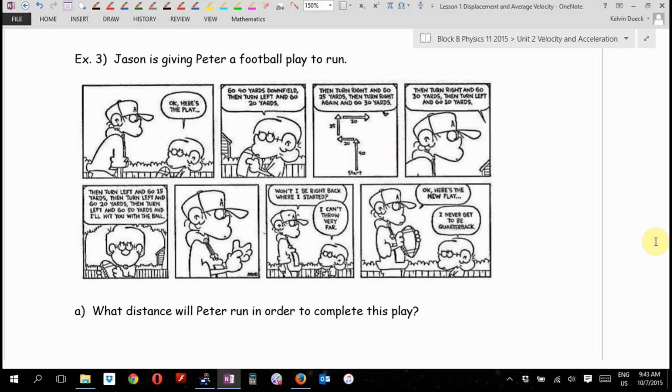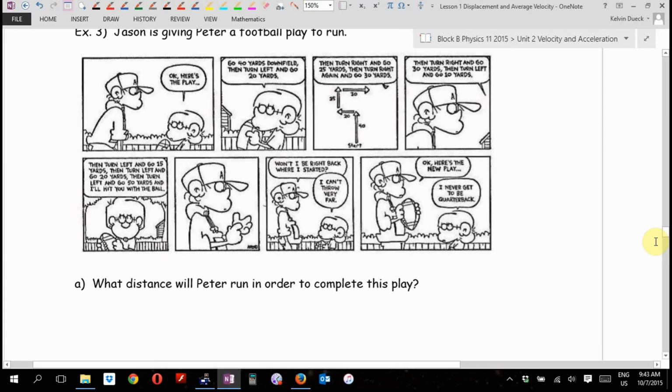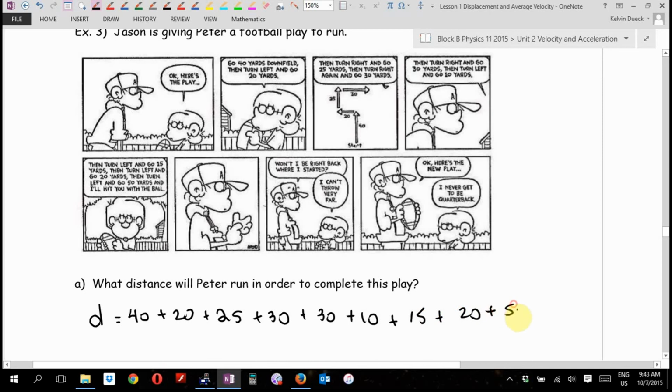So, what distance will Peter run in order to complete the play? Well, the distance is going to be 40 yards plus 20 yards. That's the first panel. Then 25 more yards, then 30 yards, then 30 yards, then 10 yards, then 15, then 20, and then 50, which is what?